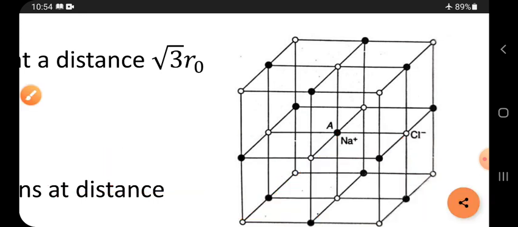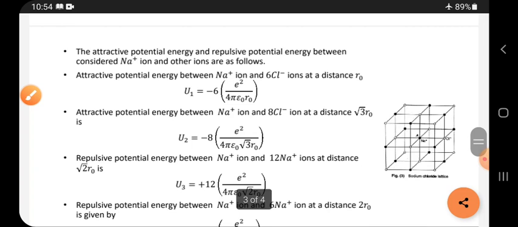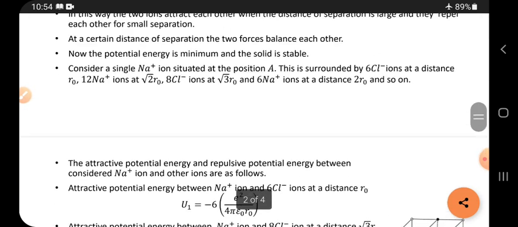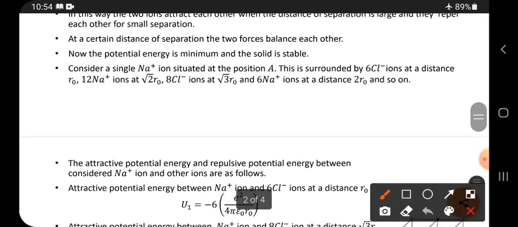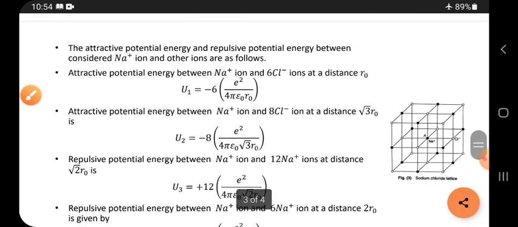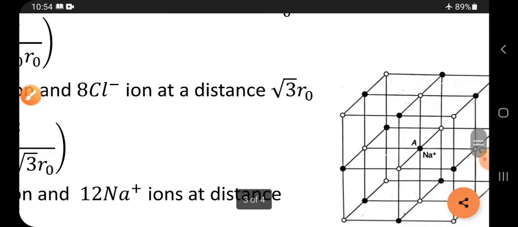Okay, so like this we have to understand. And for Na plus at a 2 r naught distance, what is present at a 2 r naught distance? It means next to the cube we have to consider, next to the cube. Okay.